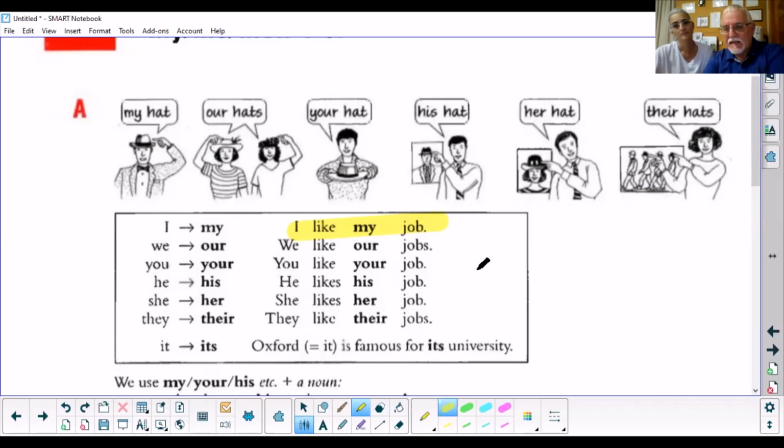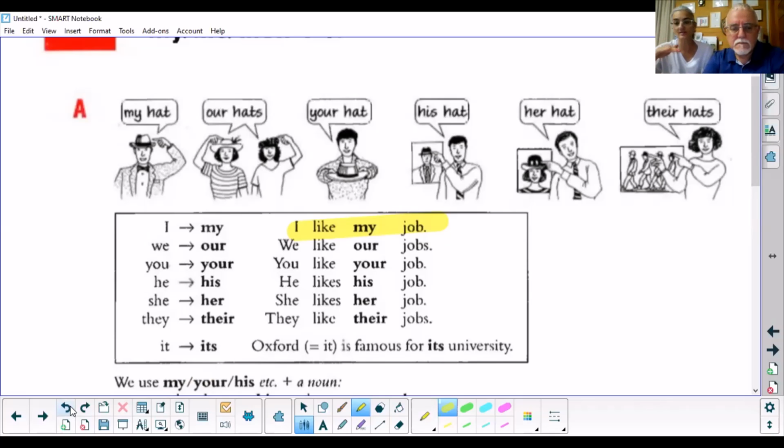So when we see this, we see the substantivo or the noun job, we know that this my is a possessive adjective and not a possessive pronoun. Isso. Eu gosto do meu trabalho. Então, meu, pronome possessivo, é minha posse, eu gosto do meu trabalho.